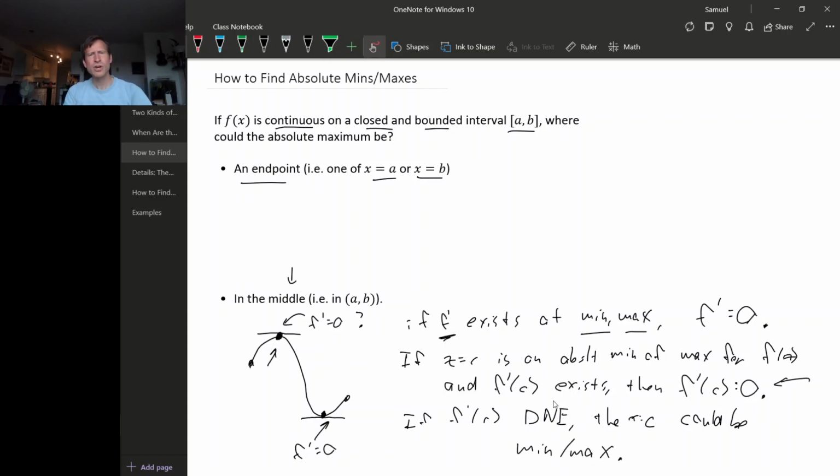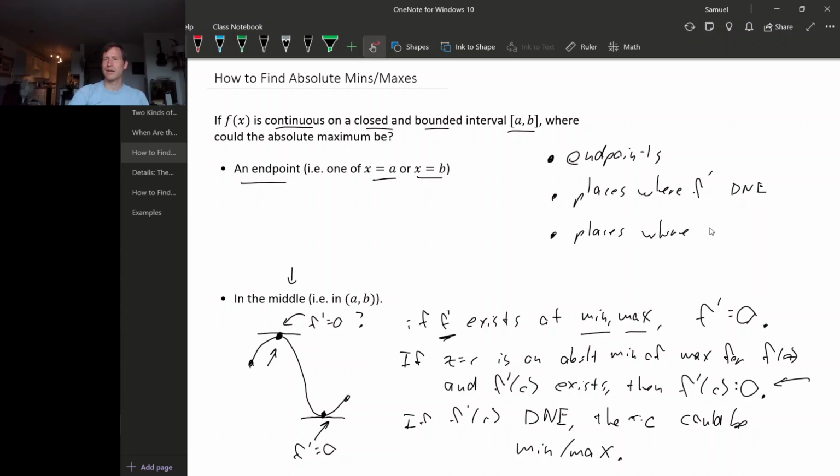All right, so you can see that if we're looking for absolute minimums or maximums, there are 3 places that we have to look. We have to check endpoints. We have to check places where f prime doesn't exist. And we also have to check places where f prime is 0.